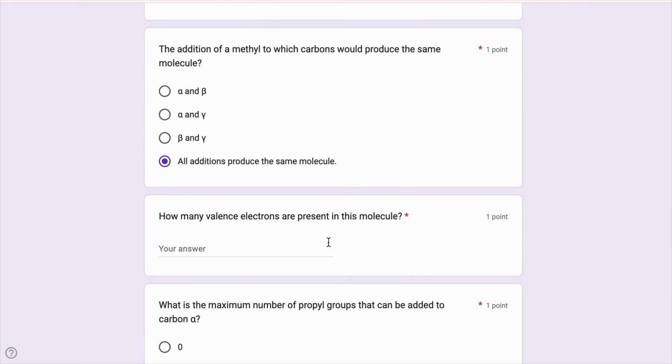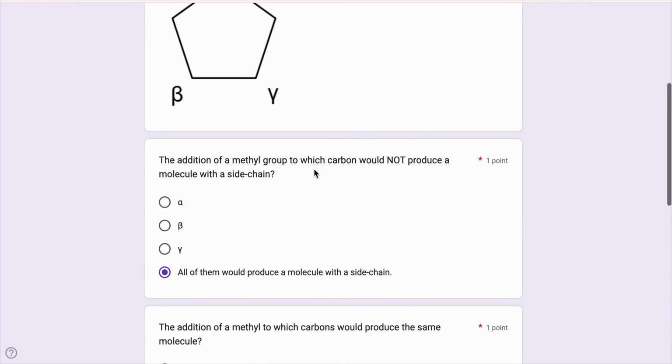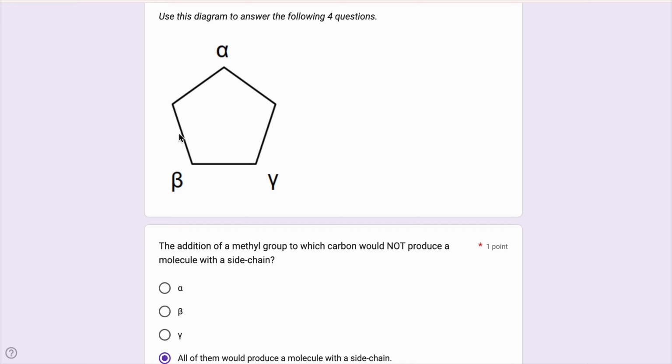How many valence electrons are present in these molecules? Carbon has 4 valence electrons here. 2, 1, 2, 3, 4, 5, 8. Here 5 carbons are present and each carbon has 2 bonds.